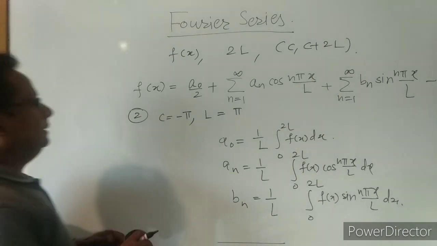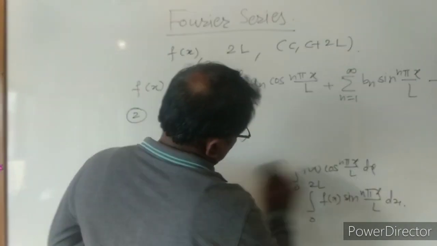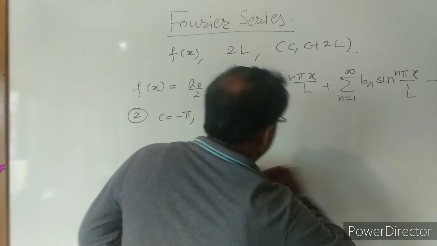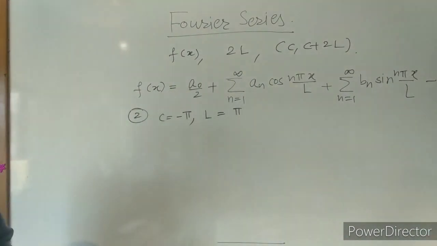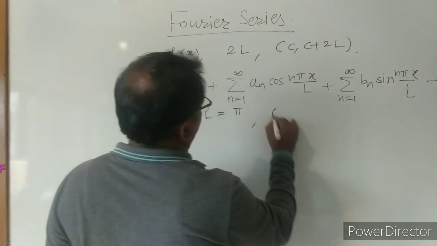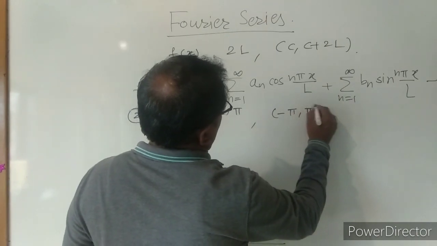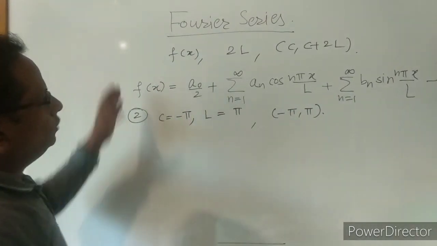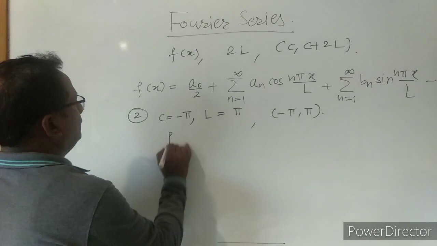That means we are taking period equals to 2 pi and interval is minus pi to plus pi. So in this case, the Fourier series expansion now will be like this.